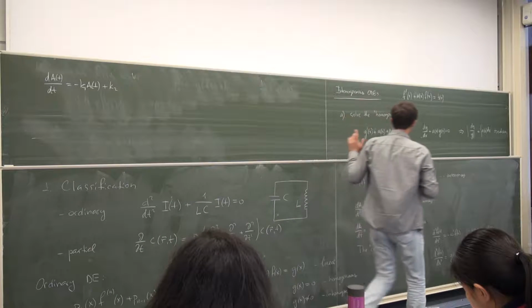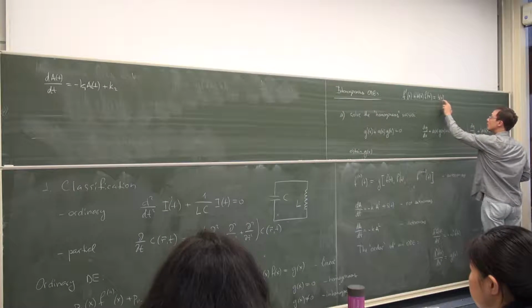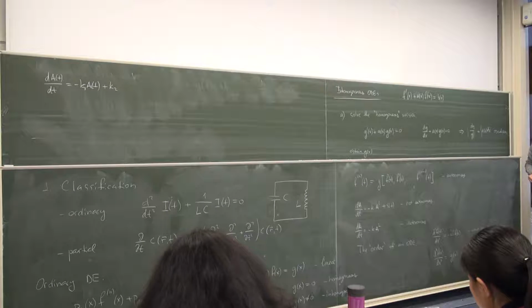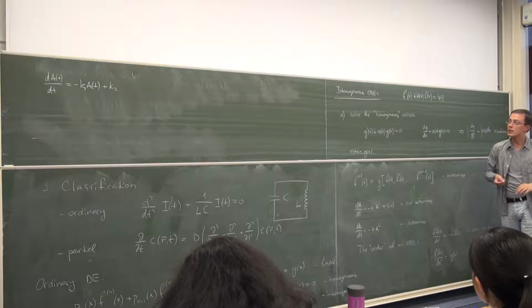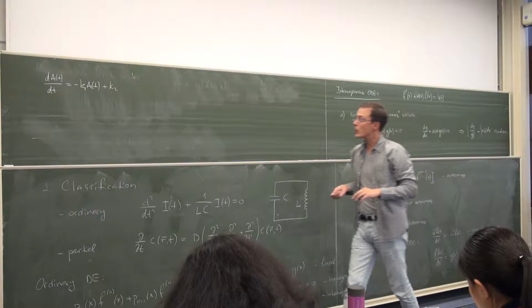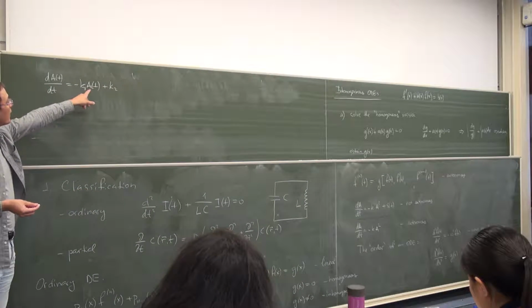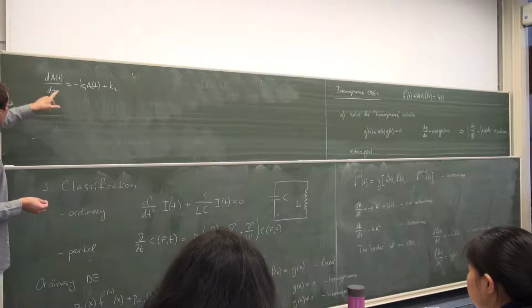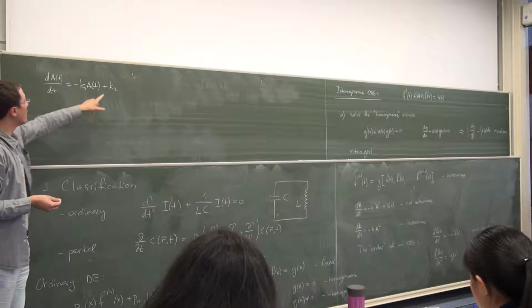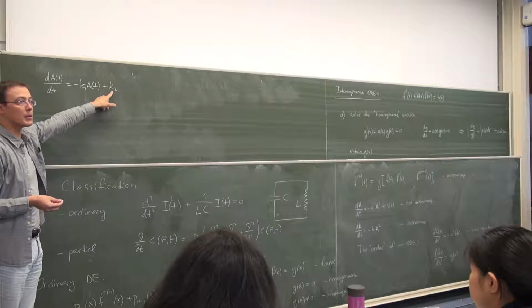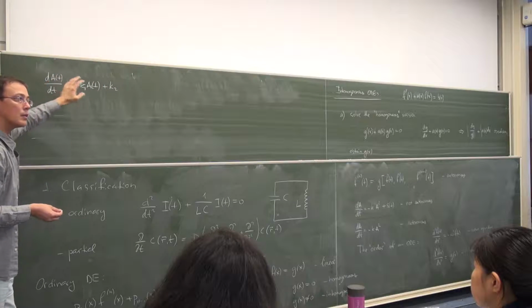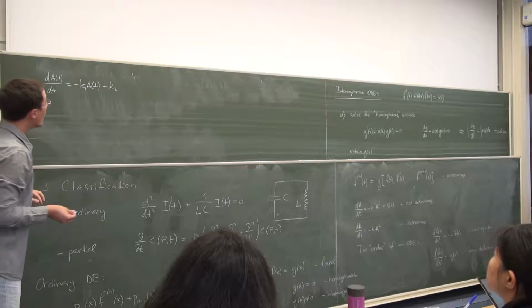And this k2 is our b of x, in that it creates this inhomogeneity in the equation. Variable separation is no longer possible, because if you divide this by A of t, it will of course appear here, but it will also appear in the denominator of k2, and so you can no longer separate this.